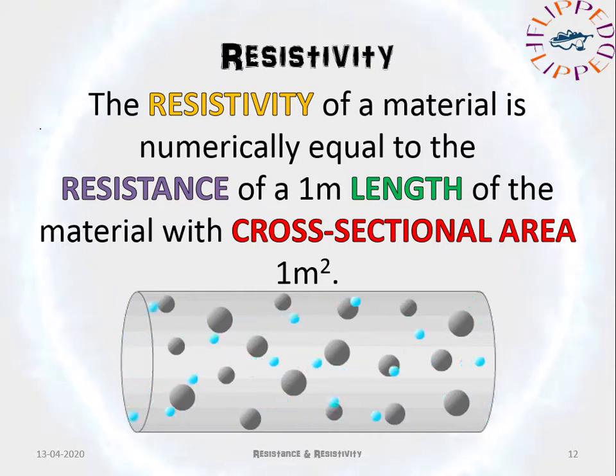Resistivity. The resistivity of a material is numerically equal to the resistance of a 1 meter length of the material with a cross-sectional area of 1 square meter. As you can see in the diagram below, the electrons are actually flowing through the metal as the current pushes them through the conductor.